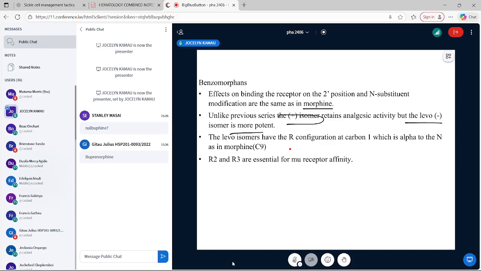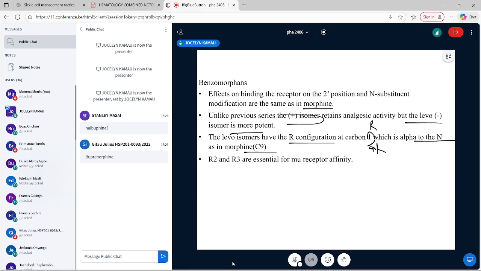The levoisomers have the R configuration at carbon 1, which is alpha again. This is carbon 1, remember, is the one which was carbon number 9. So kindly remember, this carbon 1 is carrying R for the levoisomers throughout, 9R, 1R, which is alpha to the nitrogen in morphine. In other words, the carbon 9.